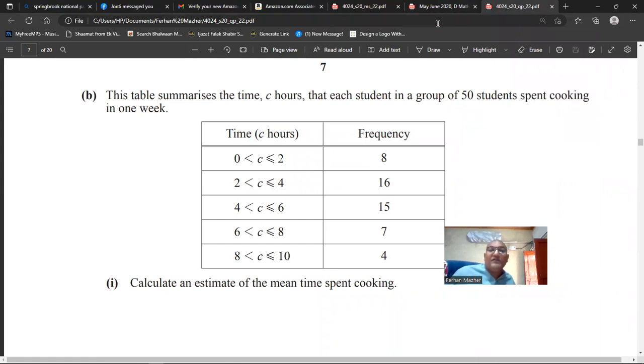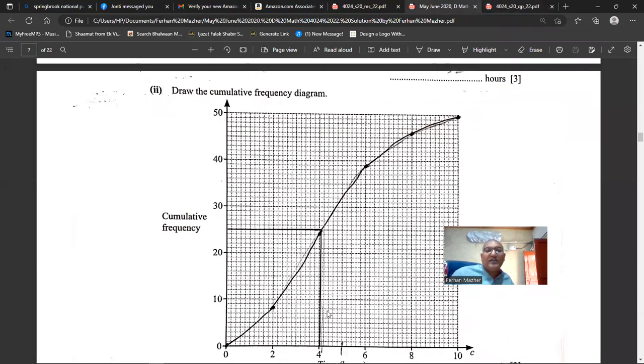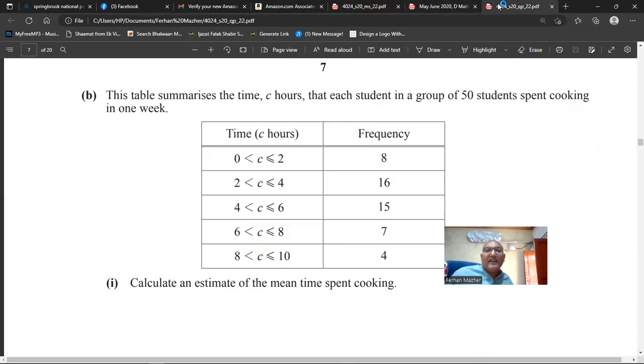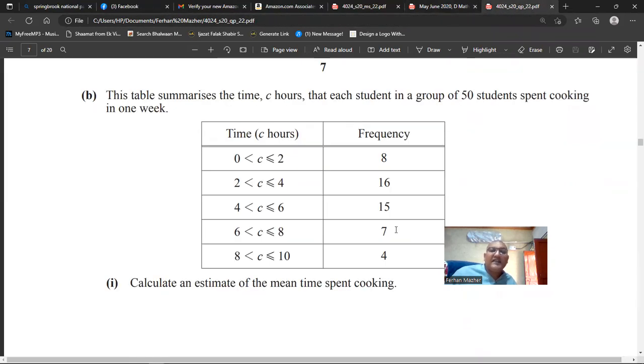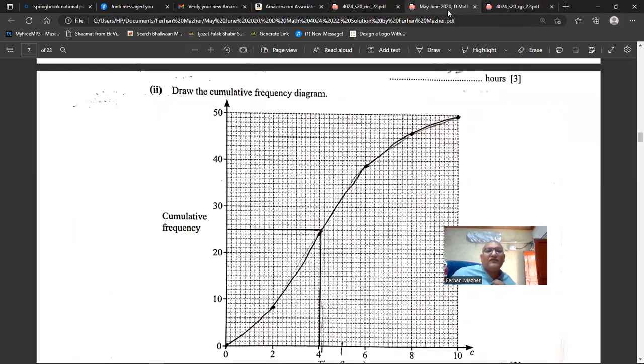At 4 I will put a dot of 24, and to that 24 I will add 15, and that will make it 39. So at 6 I will put a dot of 39, and then to 39 I will add the 7, so that will give you 46. So at 8 I will put a dot of 46.